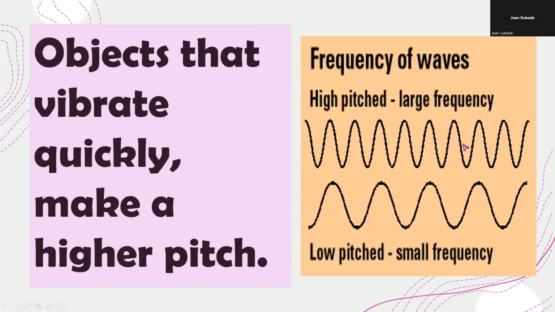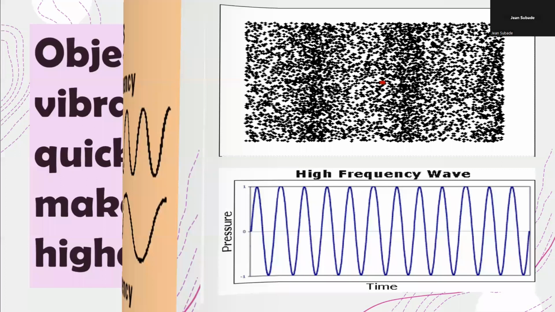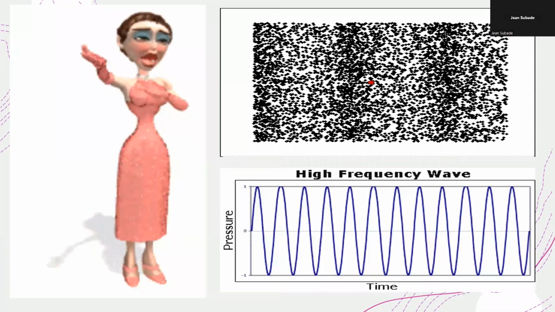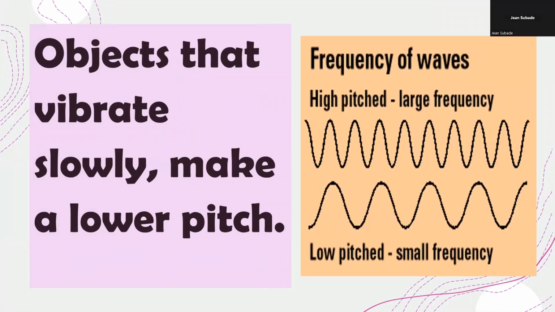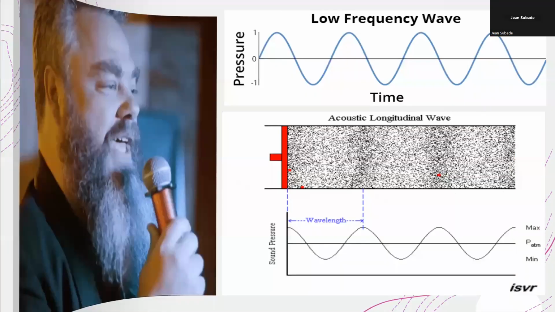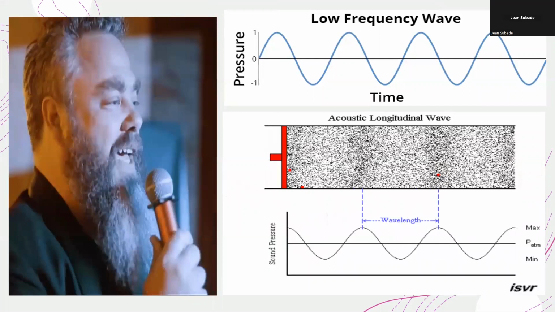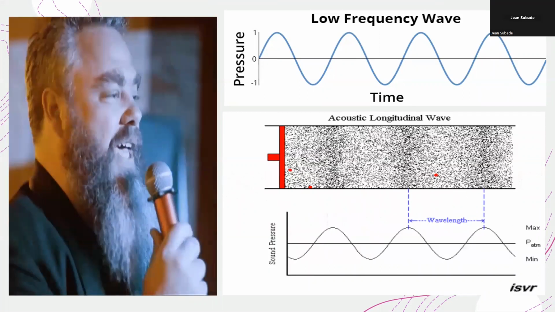This is an example of a wave in a higher pitch and in a lower pitch. High frequency for the higher pitch and low frequency for the lower pitch. Objects that vibrate slowly make a lower pitch, like when you are using a bass tone for male.